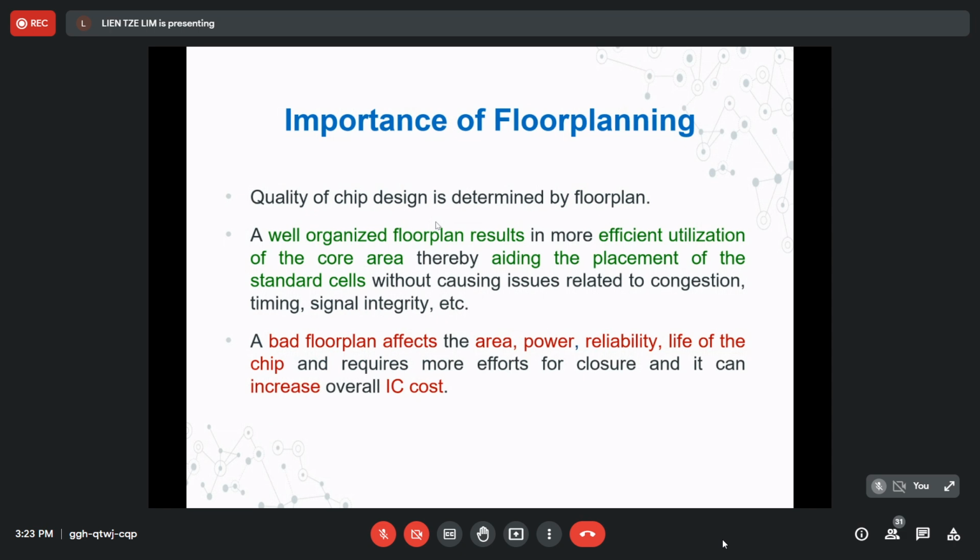A well-organized floor plan results in a more efficient utilization of the core area, thereby aiding the placement of the standard cells without causing issues related to congestions, timing, signal integrity, etc. Bad floor plans affect the area, power, reliability, life of the chip, and require more effort for closure, and can increase overall IC costs. So this shows the importance of good floor planning.